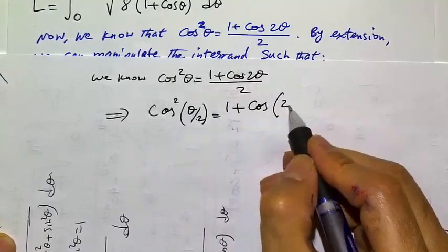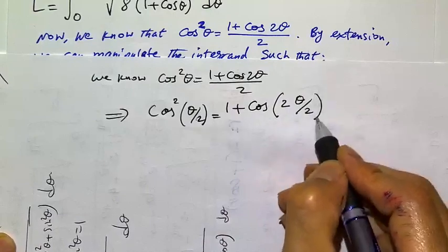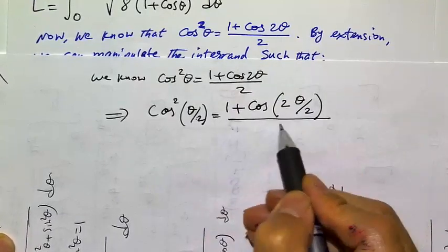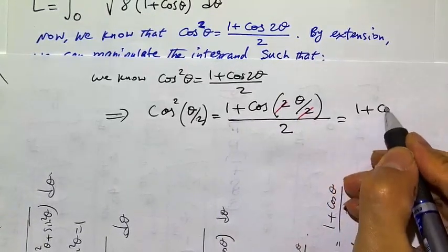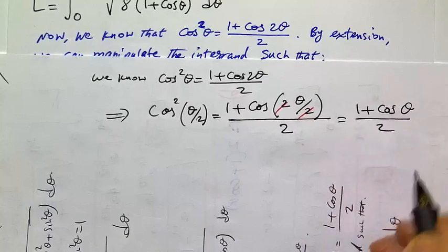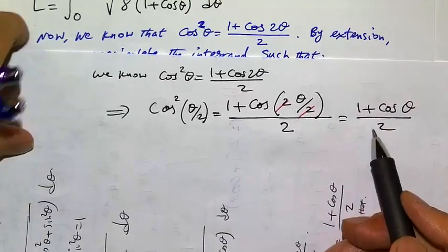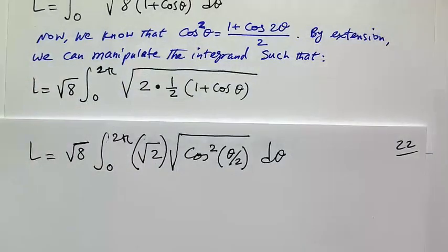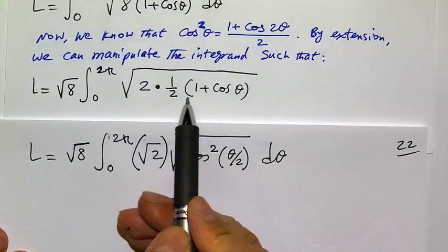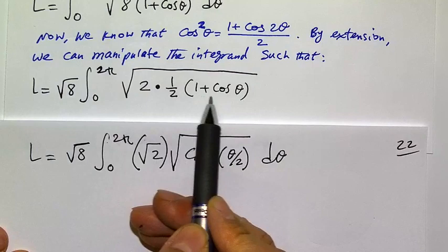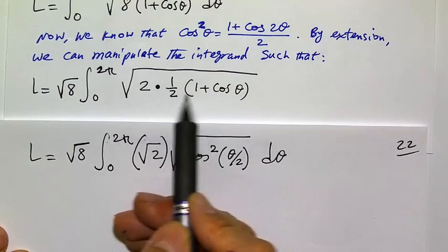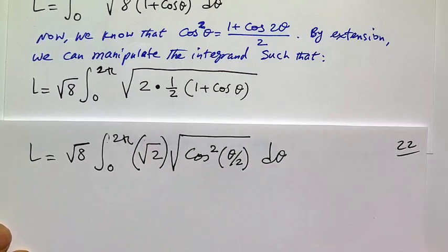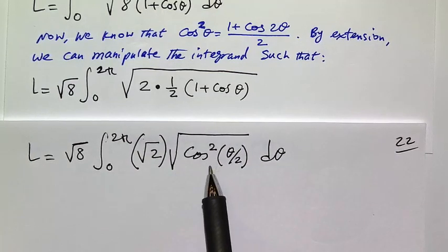So 2 times theta over 2, and this 2 and this 2 cancel each other out. We end up with 1 plus cosine of theta over 2. That is what we have here: 1/2 times 1 plus cosine theta. That's why we can make use of that.